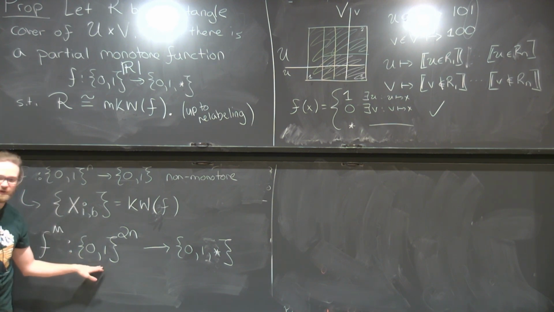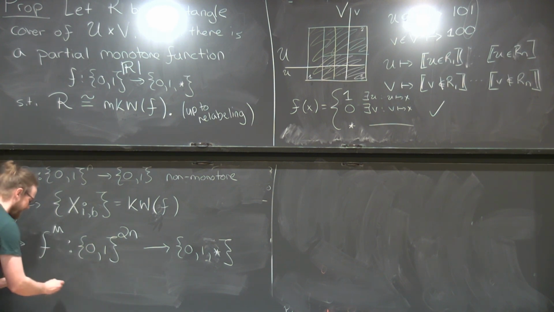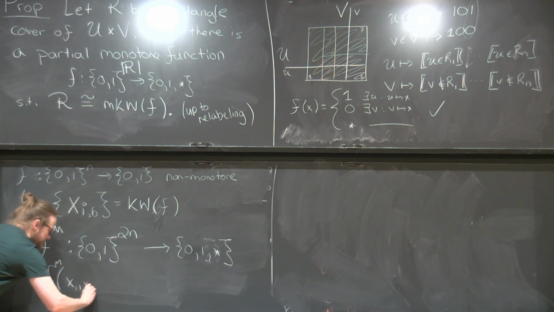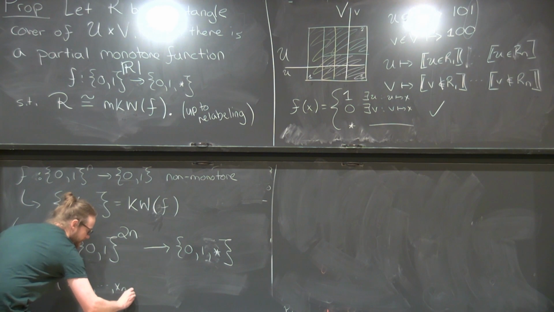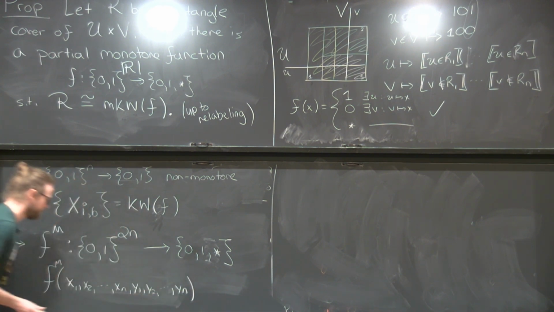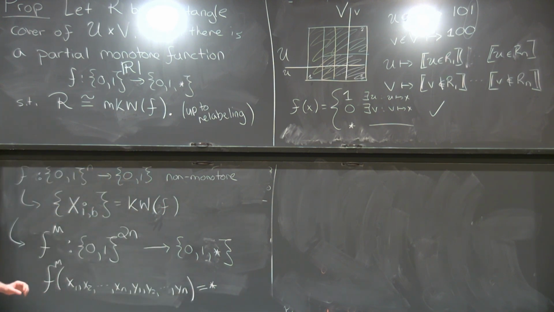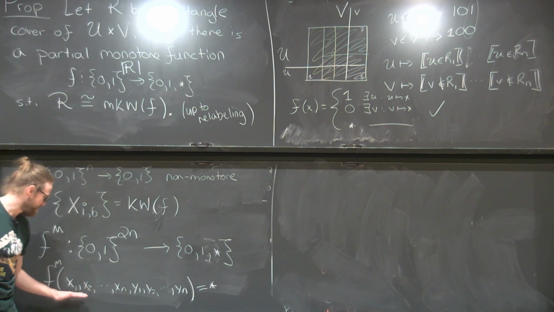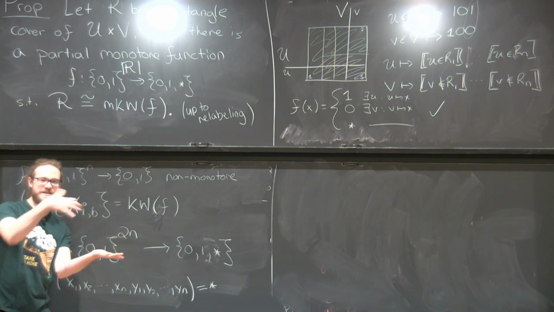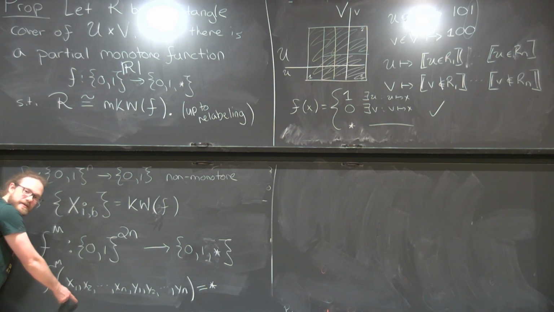And this function will only be defined on the inputs where, if we write f sub m as a function of x1, x2 to xn, y1, y2 to yn, this function is going to be a star whenever these don't correspond to a total assignment, whenever y_i doesn't equal not x_i.